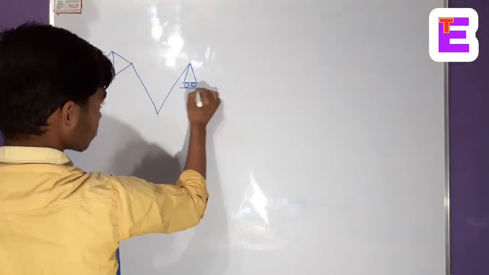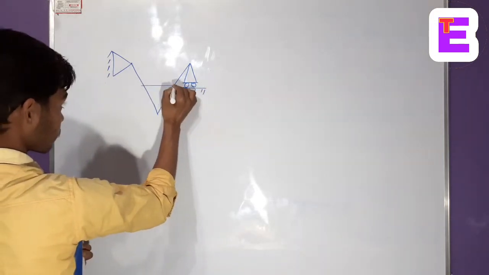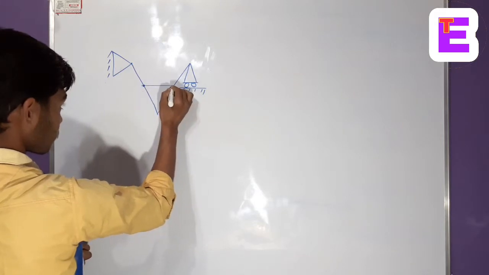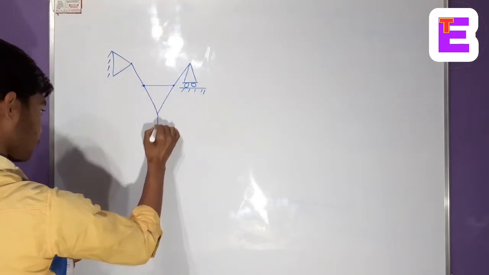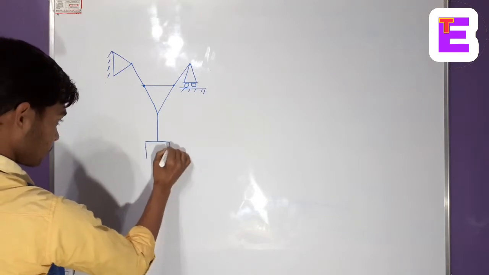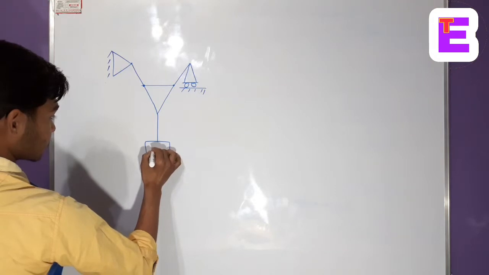Roller support. These are joints basically, and one block is there, say of mass m.